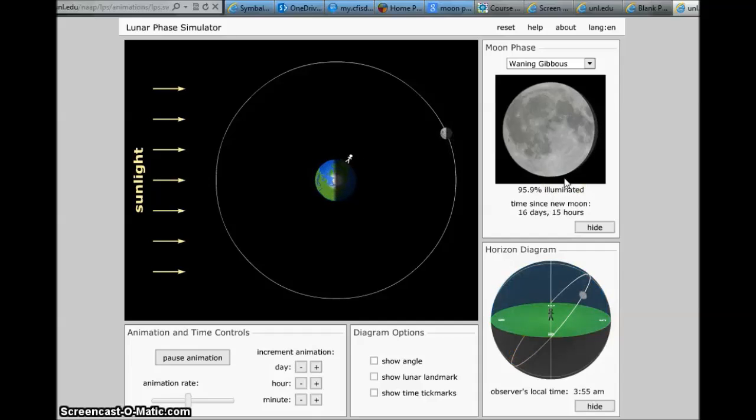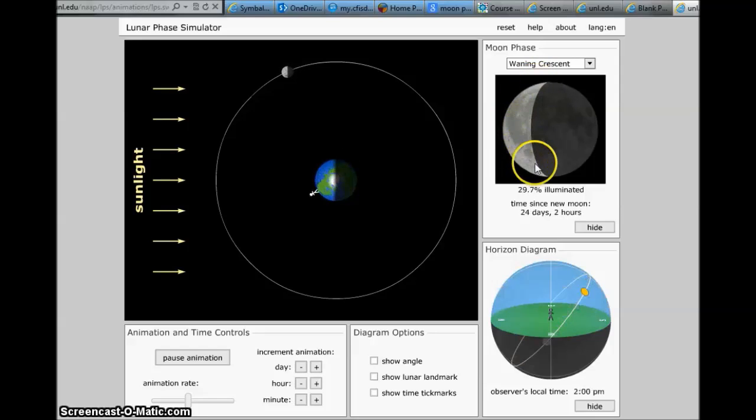Now the moon is going to begin to die or lose light. So now the lit side is the left side. So this is a waning moon, or a waning gibbous. And then it moves into the 3/4 of the way around, or the third quarter or last quarter moon.